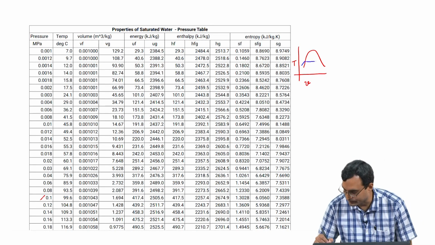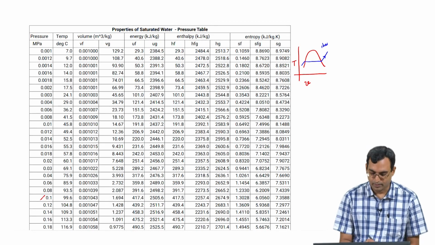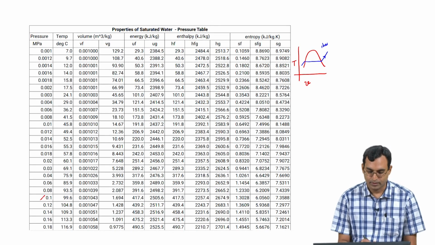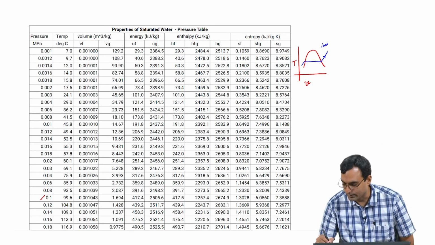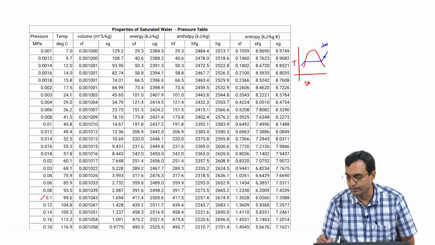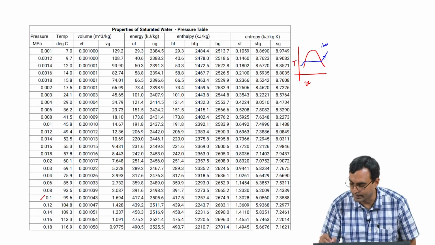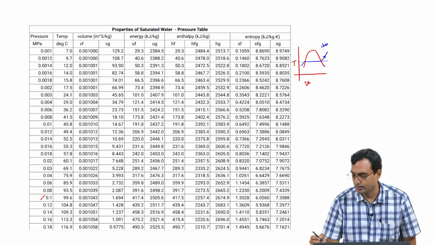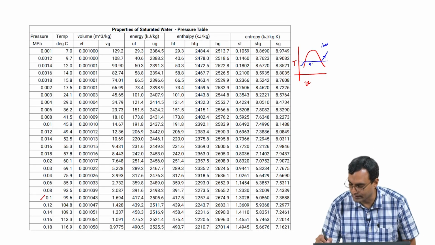What the table says is that at a pressure of 1 bar, the saturation temperature is 99.6 degrees centigrade. Over here the temperature can be some value, but when I reach this red line, at the intersection point, the temperature is 99.6 degrees centigrade. If I draw an isotherm, which is just a horizontal line on a T-v diagram, this isotherm has a temperature of 99.6 degrees centigrade.